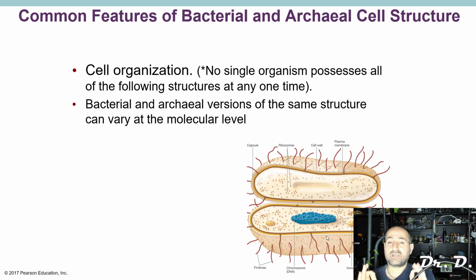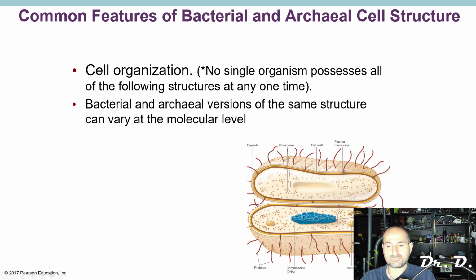Archaea do not have a cell wall of peptidoglycan. Only bacteria have a cell wall of peptidoglycan. In fact, peptidoglycan is unique to bacteria. What does that mean? Only bacteria are known to have peptidoglycan cell walls. And by the way, not all bacteria have a cell wall, but most bacteria have a cell wall.